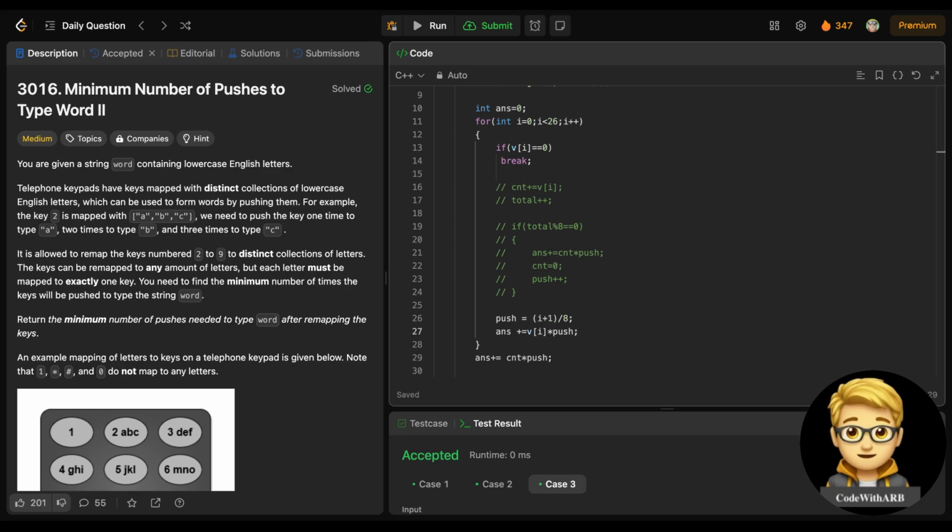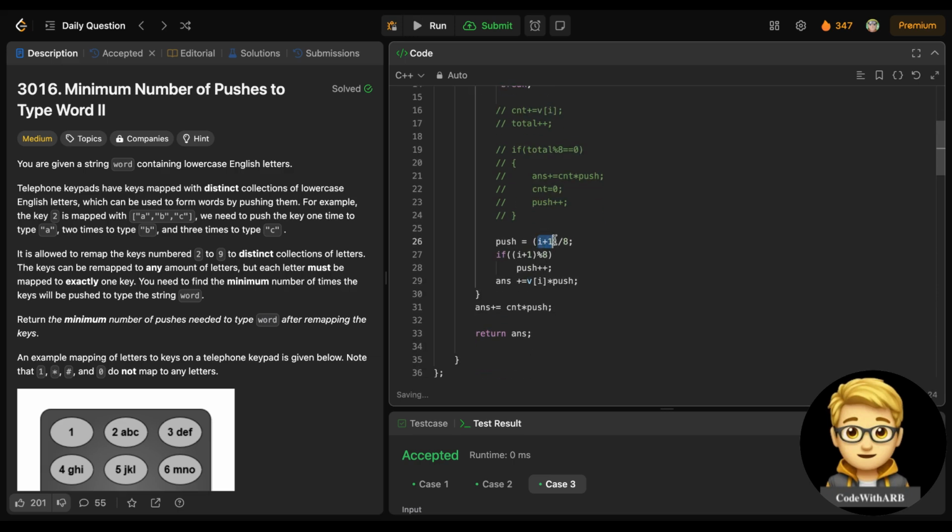Vi into this push. And if i plus 1 modulus 8 is happening, it means I need to just increase my push. I will increase this. So see, till 7 characters, this push will be 0, right? And it gives me the remainder, and I have increased the push value.